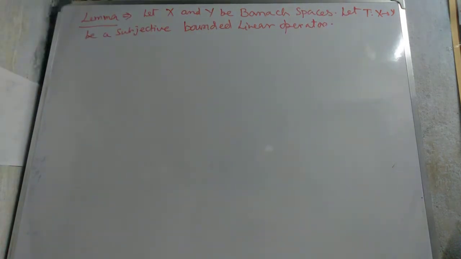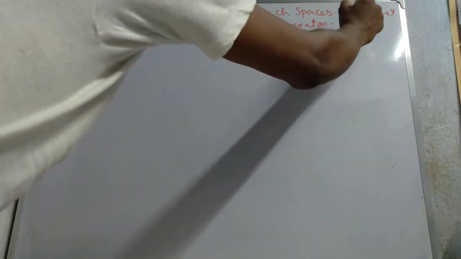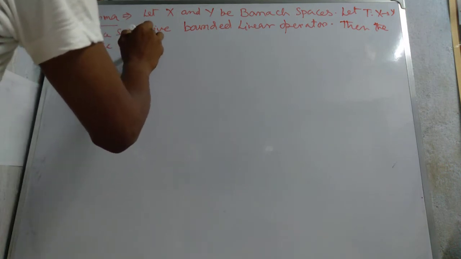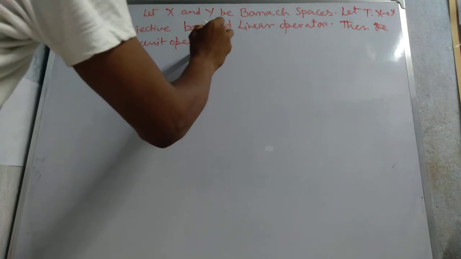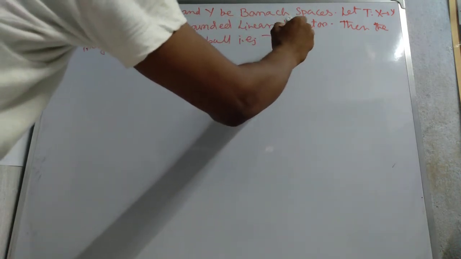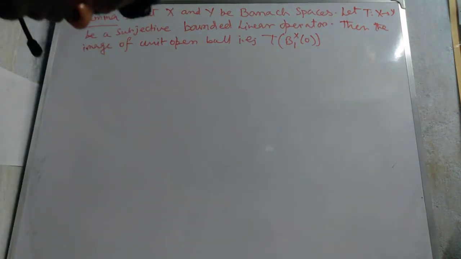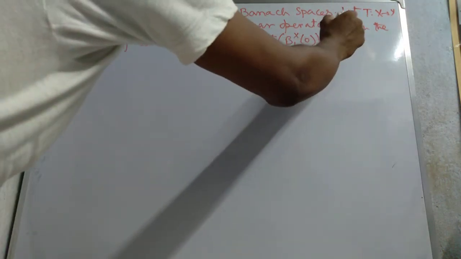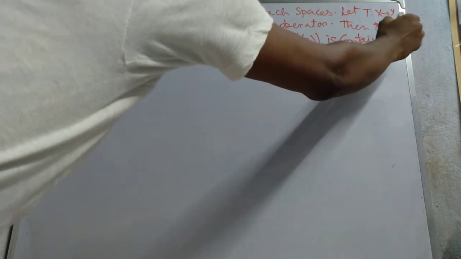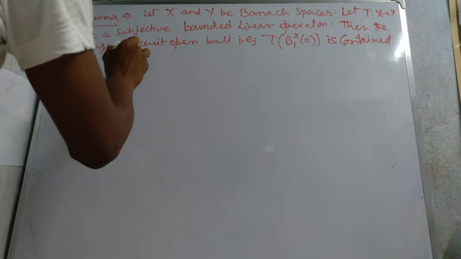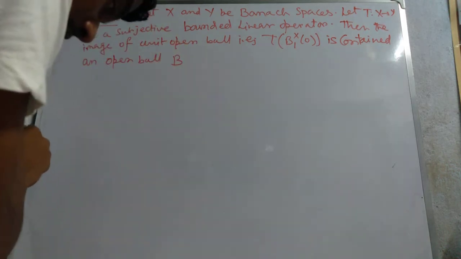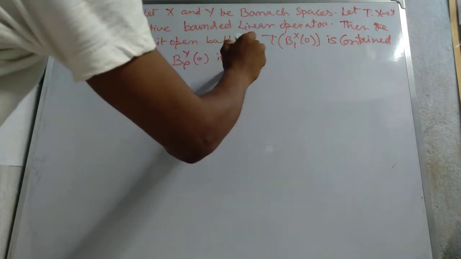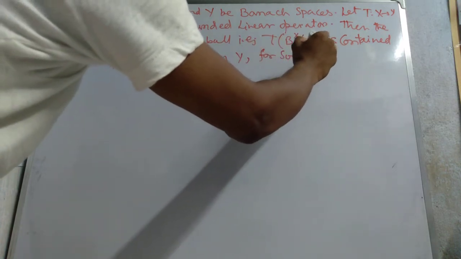Then the image of the unit open ball, that is T(B_1(x0)), is contained in an open ball B_ρ(y0) in Y for some ρ greater than 0.